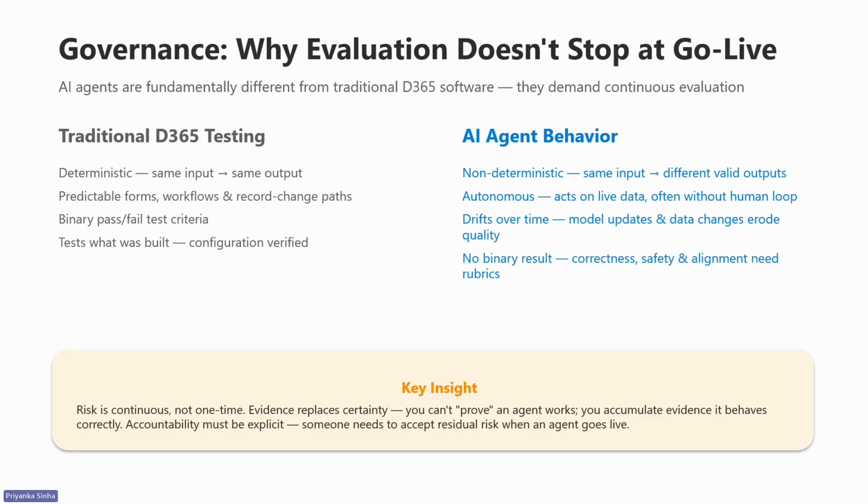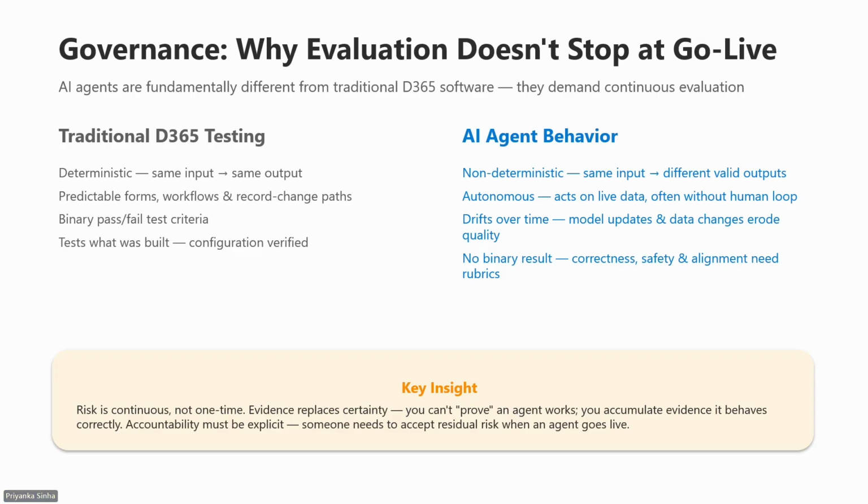But AI agent behavior is a little different. The same input can produce different valid outputs. Agents act autonomously on live data, often without a human in the loop. And critically, their quality drifts over time as models get updated and grounding data changes. So there is no binary pass or fail. This is the core reason evaluation cannot stop at go live.